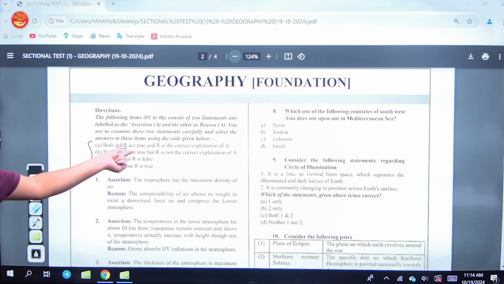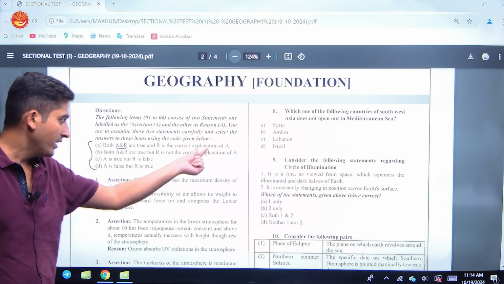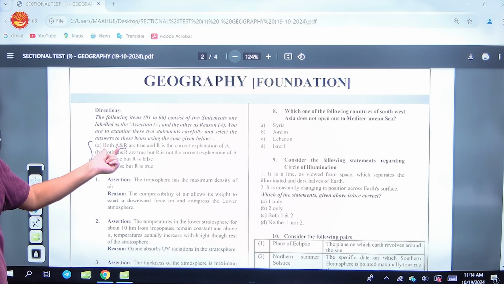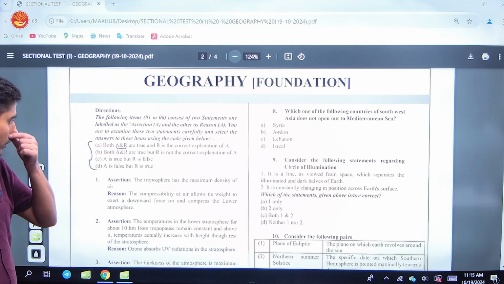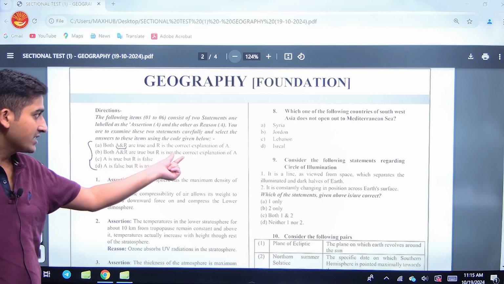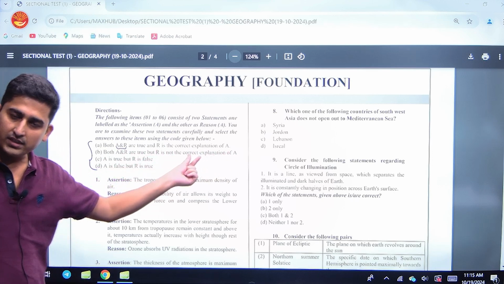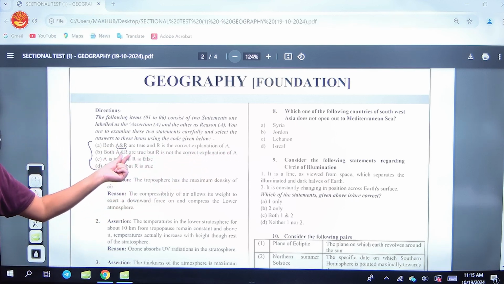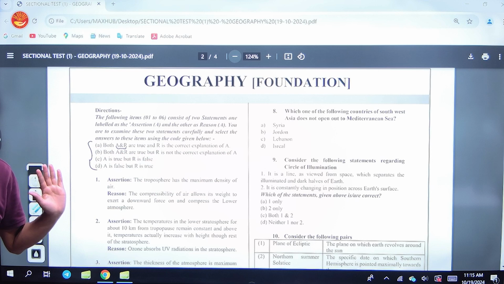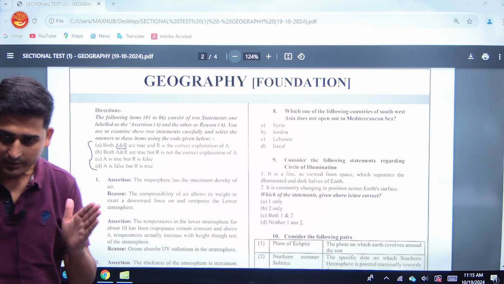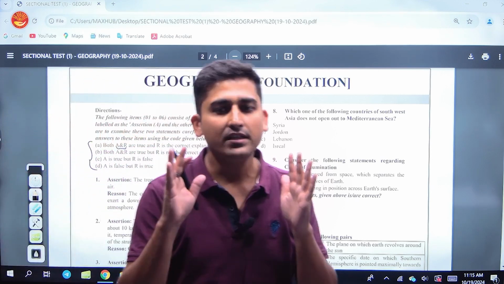If both A and R are true and R is the correct explanation of A, then you will mark A in your mark sheet. Then B: both A and R are true, but R is not the correct explanation of A. There is no doubt that both statements are true, and these are just statements. Think of these as just statements.